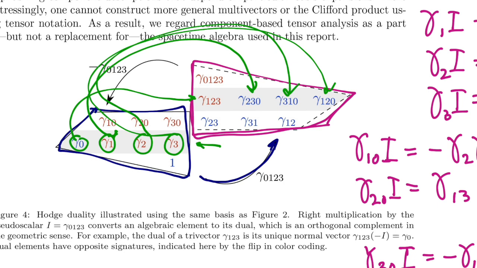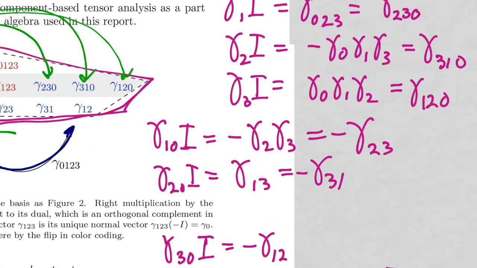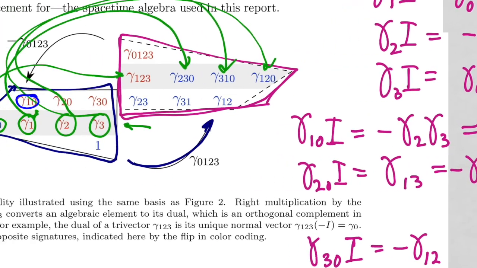So now, what about the bivectors? What happens with the dual of gamma 1, 0? Well, the dual of gamma 1, 0 is, according to my calculation, minus gamma 2, 3. Not gamma 2, 3, but minus gamma 2, 3.